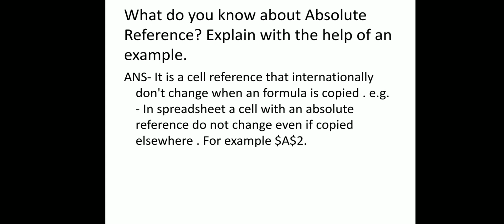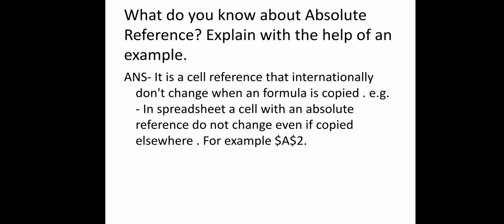What do you know about absolute reference? Explain with the help of an example. Now, already we have discussed absolute reference means it will not change, and the same thing we will discuss here. It is the cell reference that does not change when a formula is copied. For example, in a spreadsheet, a cell with an absolute reference does not change even if copied elsewhere.